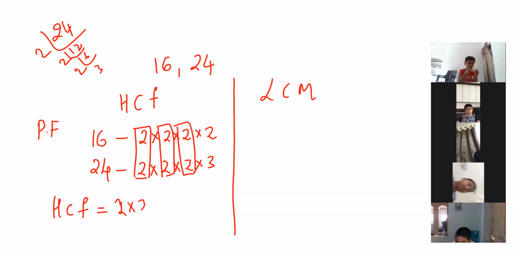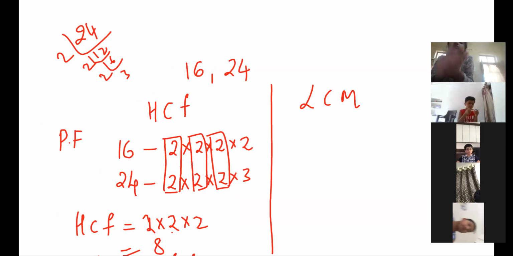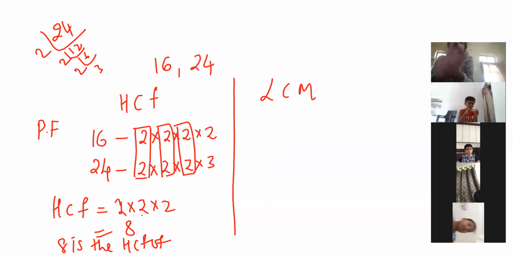That's all. 2 into 2 into 2. 2 into 2 is 4. 4 twos are 8. 8 is the HCF of 16 and 24.